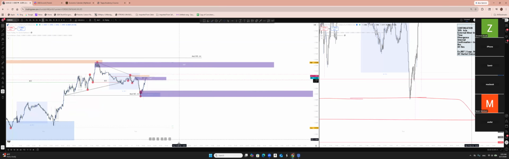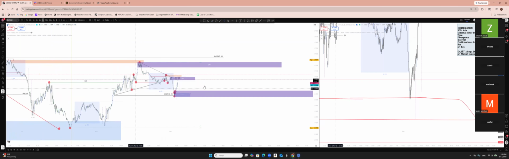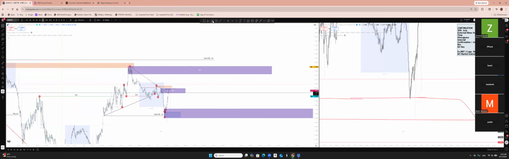Currently, with this medium inducement, if you're going to take a London trade, it's going to be continuation buys. Don't look for reversing price. It might happen, just to take this, then it could go bullish.